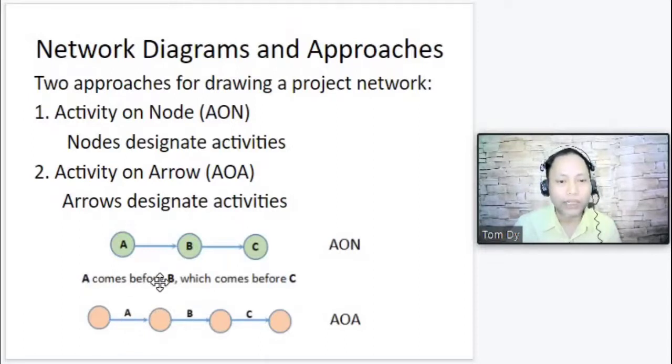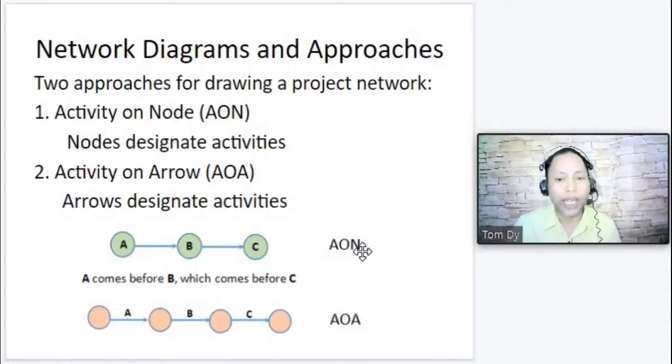A comes before B, which comes before C. In other words, we have to finish activity A first before B will start, and finish activity B before C will start. Again, these are the two approaches for drawing a project network.